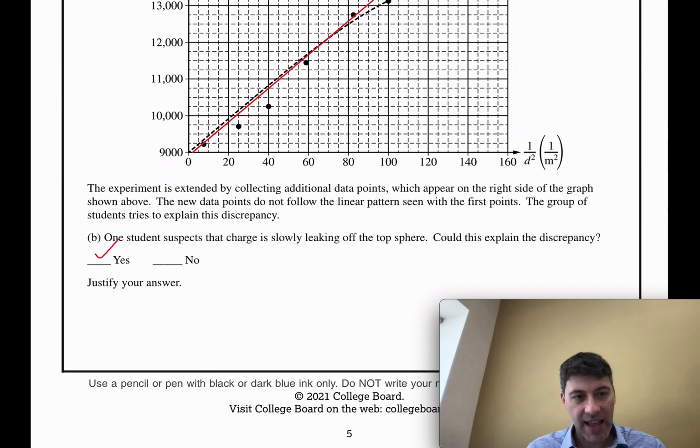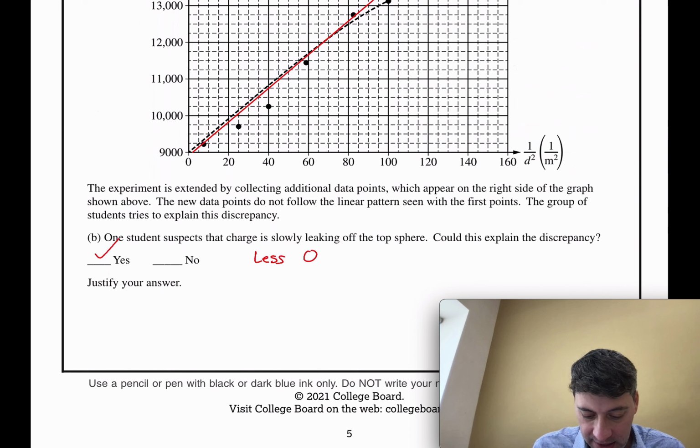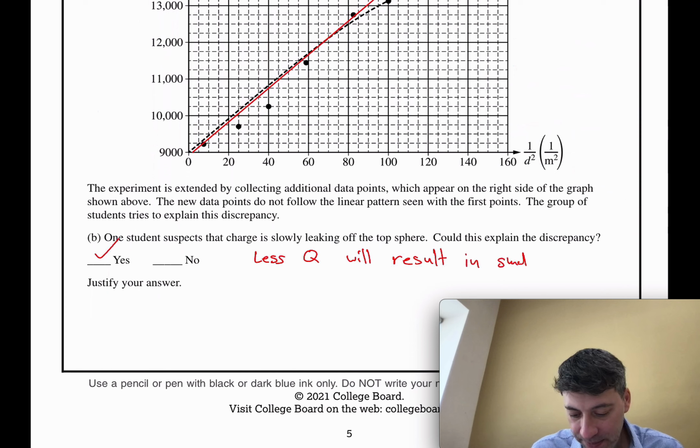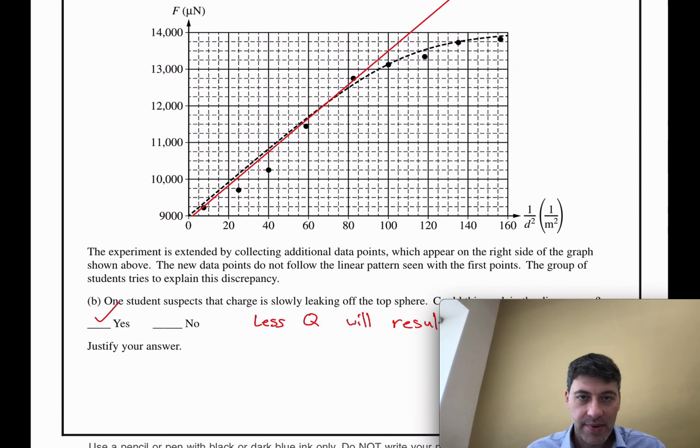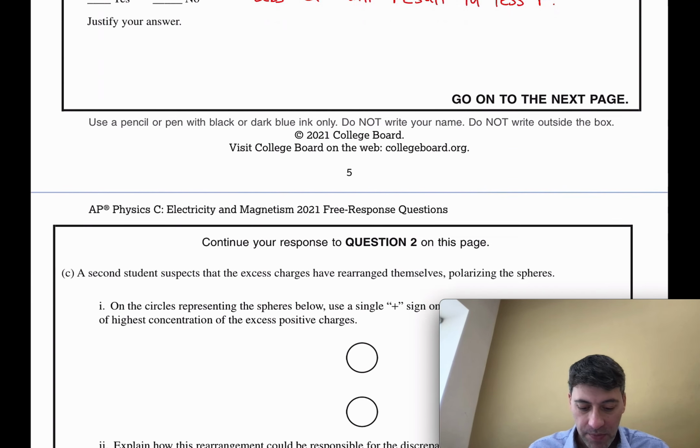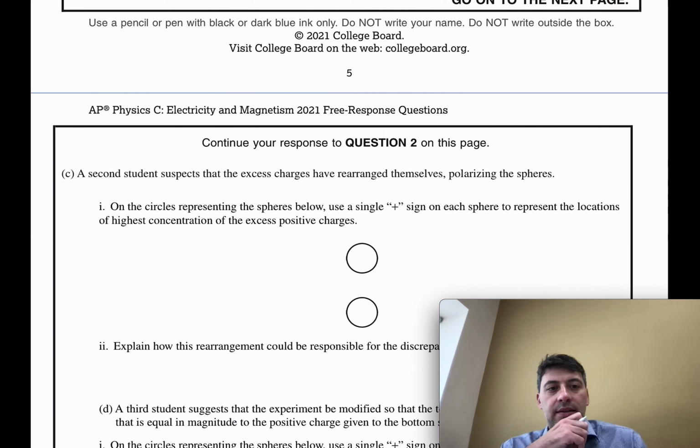This could explain it, because what we could say is that less charge will result in a smaller value of electrostatic force, which is what we see happening compared to the expected value. And we continue to part C.